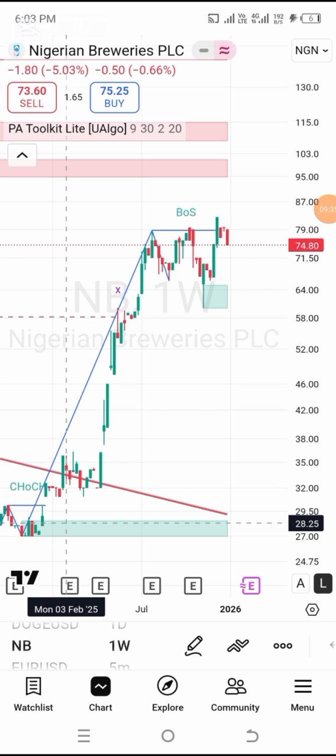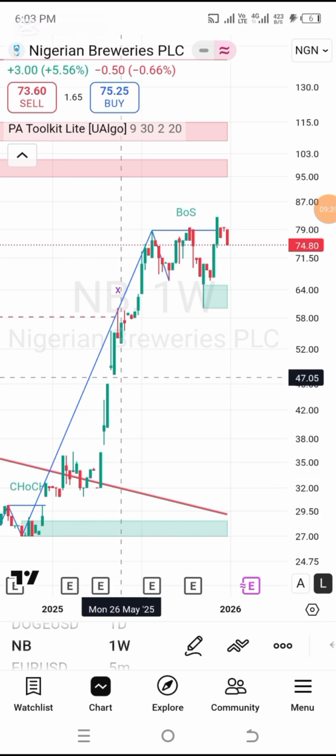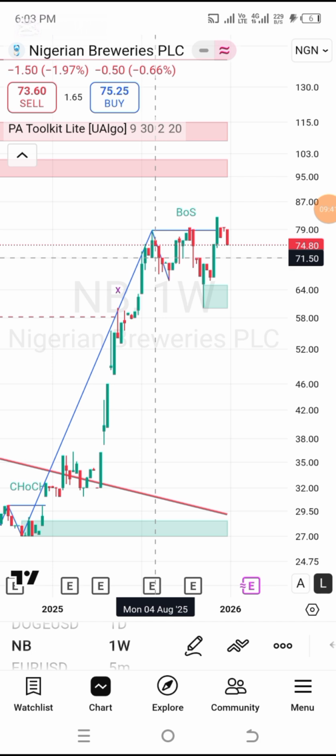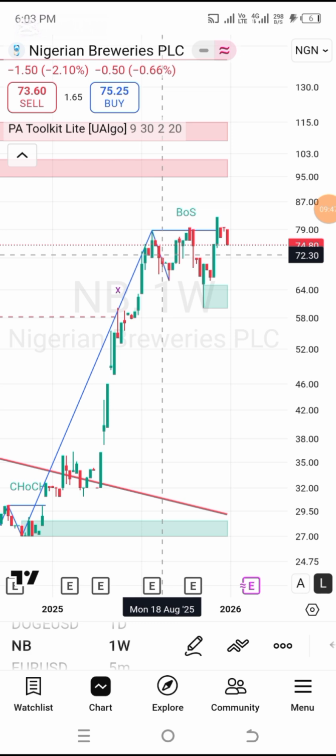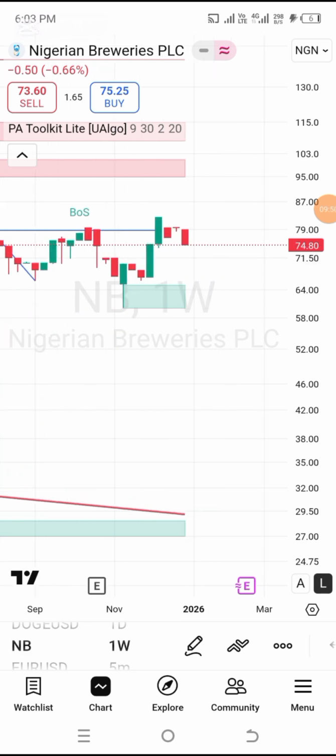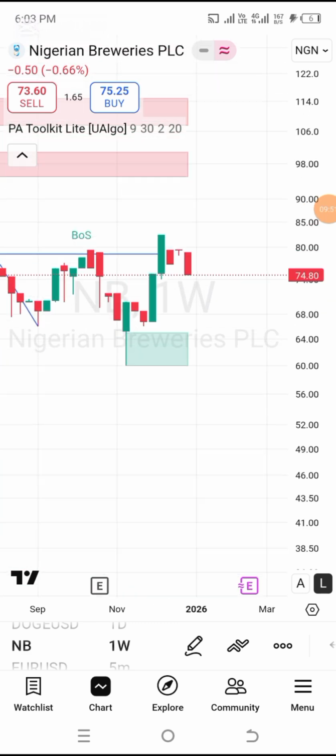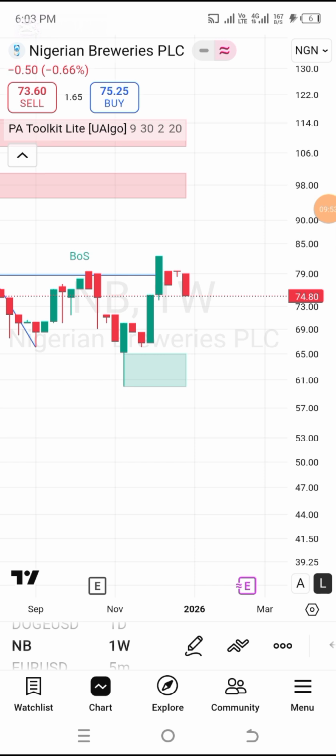Imagine buying at this point at 28 naira, right, and selling it at, let's even say, 70 naira or 80 naira. That's a whole lot. Now the market is telling us that, hey, I've been buying, now I want to relax a little before I continue my movement.